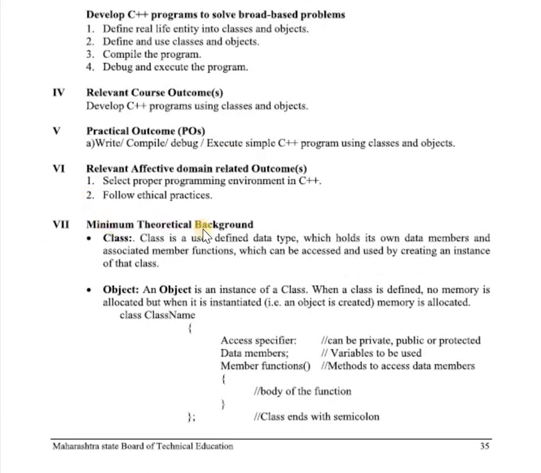See the minimum theoretical background. First concept is the class. A class is a user-defined data type which holds its own data members and associated member functions, which can be accessed and used by creating an instance of the class.